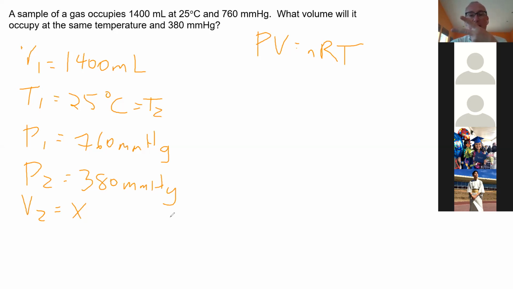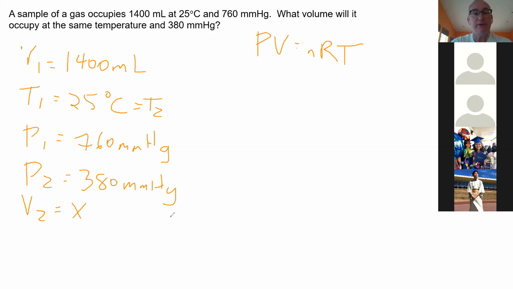Second part is units. We need to make sure we're dealing with the right units. So what do we need to convert? Remember, Celsius to Kelvin. Actually, we don't have to do that because temperature doesn't change. If it changed, we would have to worry about it.